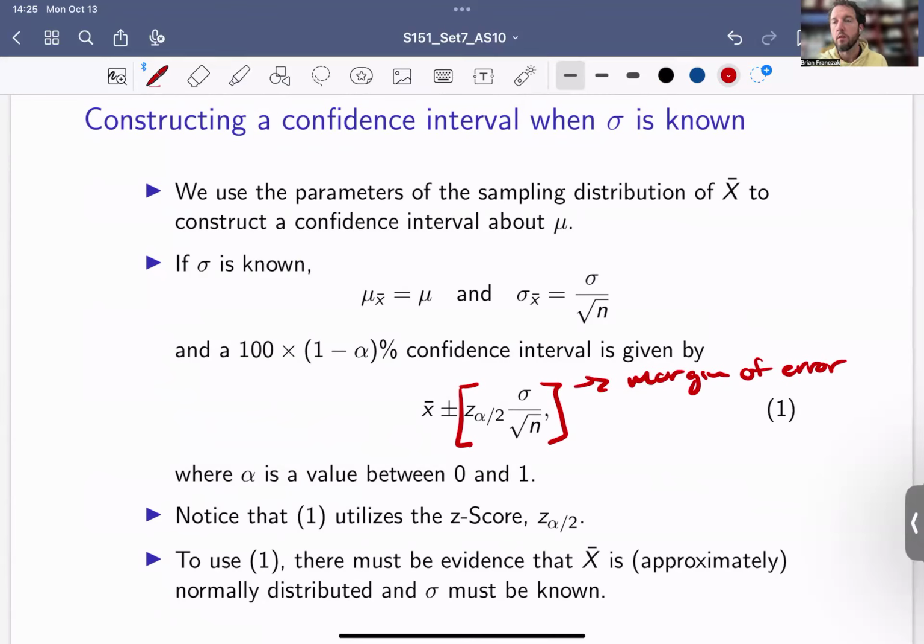Notice that the margin of error is a z-score, z subscript alpha over 2, times sigma divided by the square root of n. Recall that sigma divided by the square root of n is the standard deviation of the sampling distribution of the sample mean. So we are actually incorporating the results for the sampling distribution of the sample mean into our confidence interval.